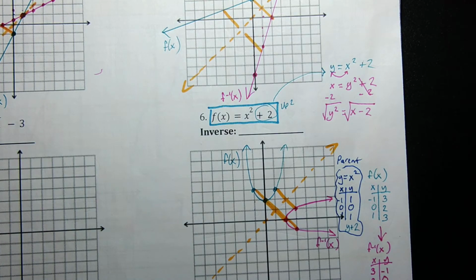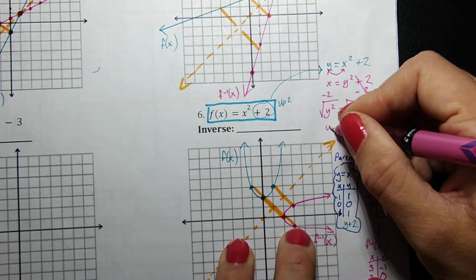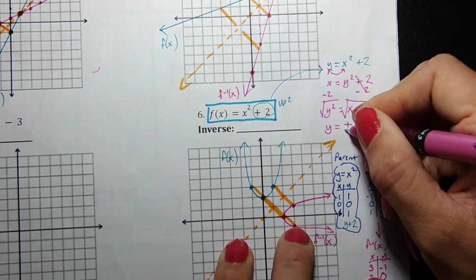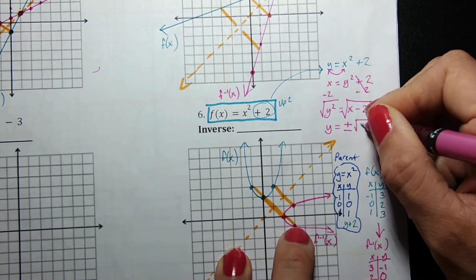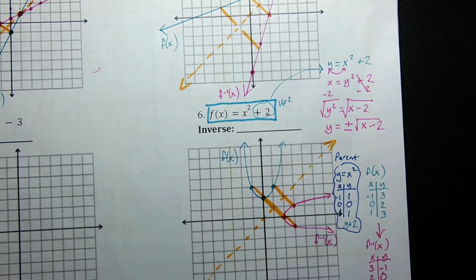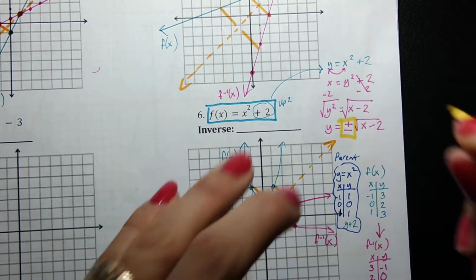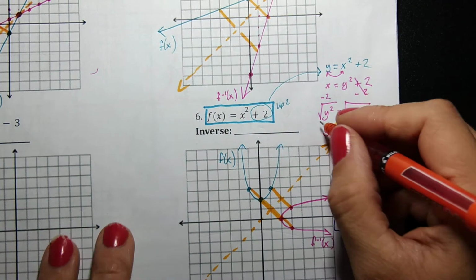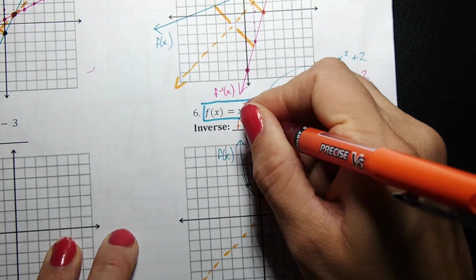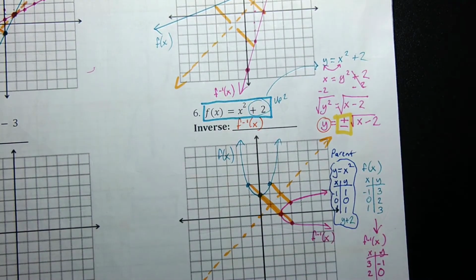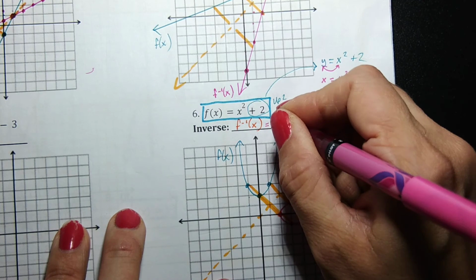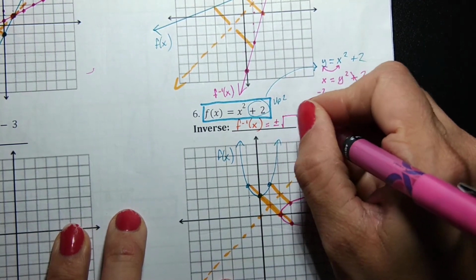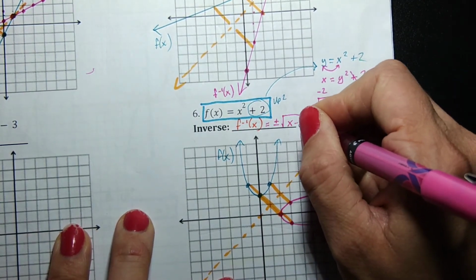Anytime you square root, you have to include a plus or a minus in front of the square root. So then our inverse equation, replacing that y with f to the negative 1 of x, would be plus or minus the square root of x minus 2.